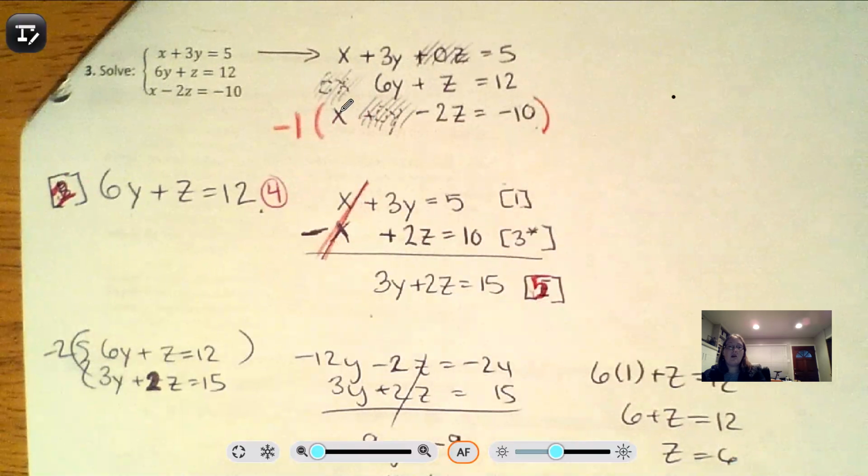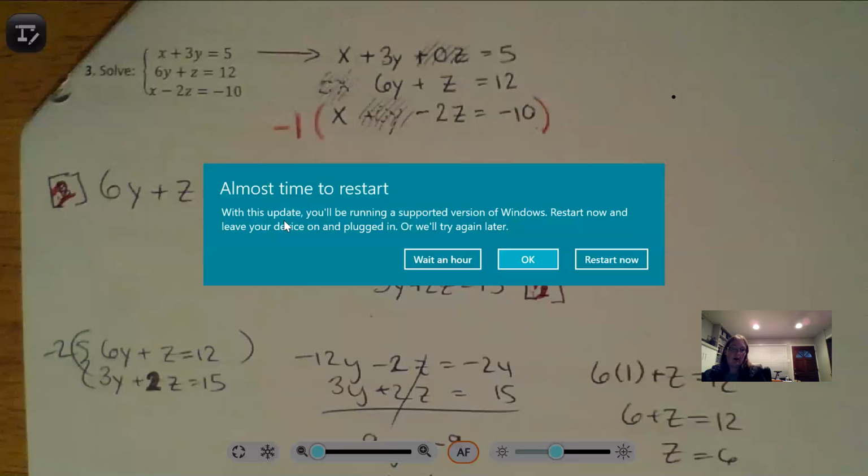Or, oh, I already have no x's here, I could get rid of the x's by multiplying by negative 1. Or, oh, I already have no y's here, I can get rid of the y's by multiplying this by negative 2. So basically, one of your systems of 2 is already pre-done for you, so it's actually less work, but it seems harder for a lot of students because it's different. Okay. So I'll send that one also.